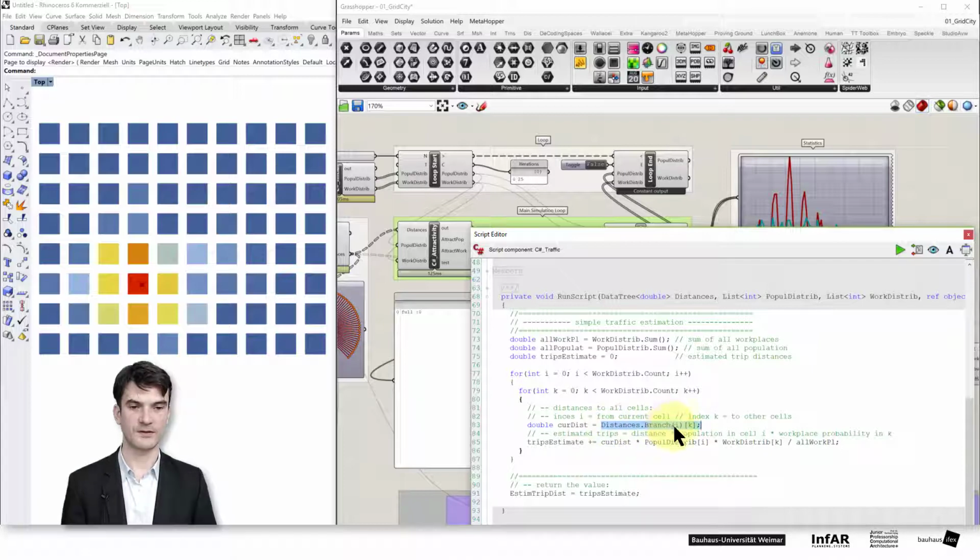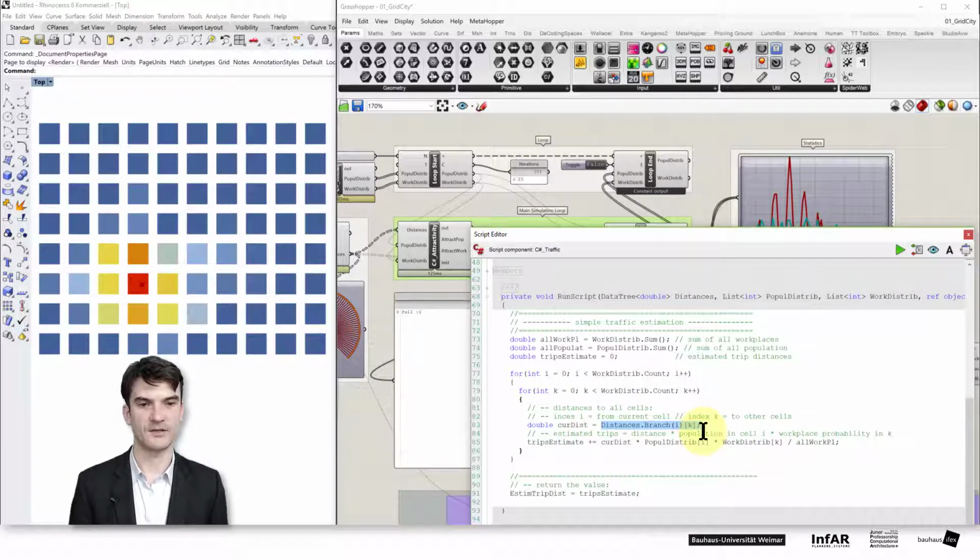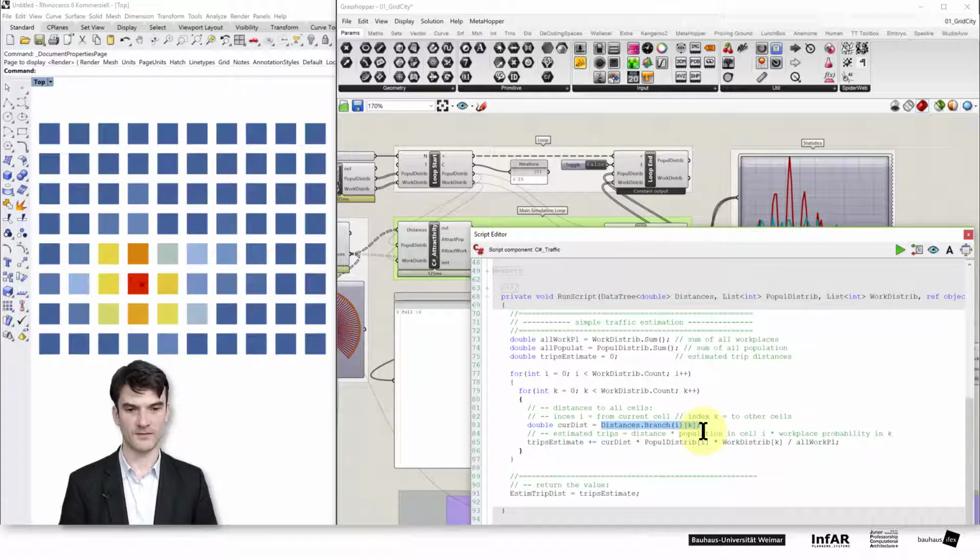So for example, if I want to consider the distances from the first cell, I assume that's this one, then I'm in the branch of the index i, and I take out the distance value in the list of values k. This is probably the distance to myself, which would be 0, and then the distance to this cell and the next cell, and so on. So the same logic as we've already seen for the computation of the attractivity map.